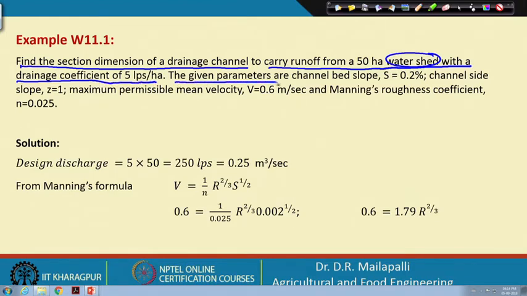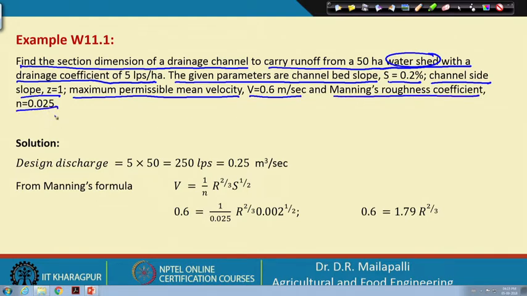The average parameters are channel bed slope S equal to 0.2%, channel side slope Z equal to 1, maximum permissible mean velocity V equal to 0.6 meter per second, and Manning's roughness coefficient N equal to 0.025.